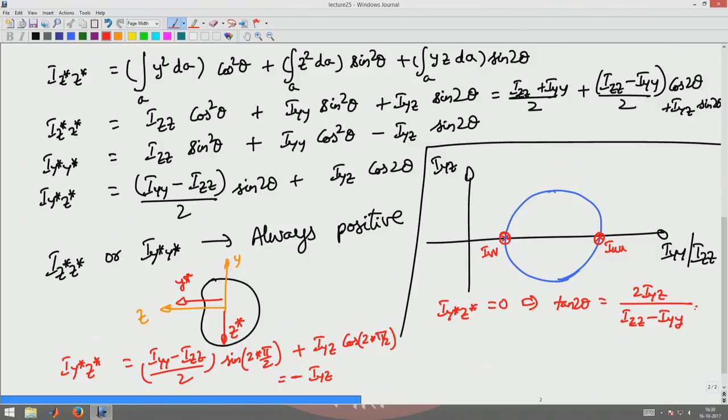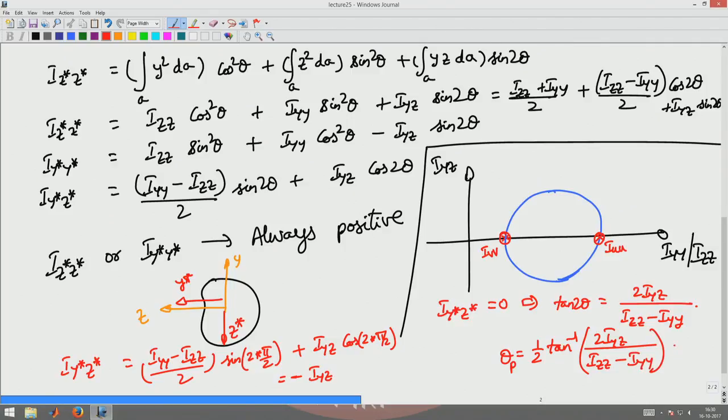So, the orientation of the u v axes with respect to the y and z axes is given by this: theta of the principal axis is one half tan inverse of 2 times I y z divided by I z z minus I y y.